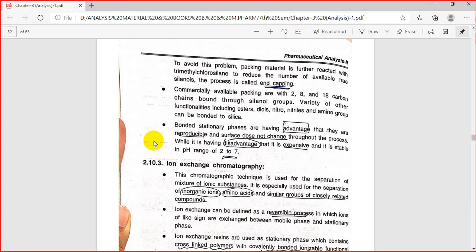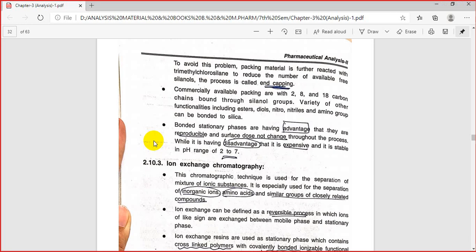I already mentioned C2, C8, C18 carbon chains bound through silanol groups are also commercially available. Other functionalities, including esters, diols, nitro, nitriles and amino groups, can also be bonded to the silica, depending upon the separation to be carried out.